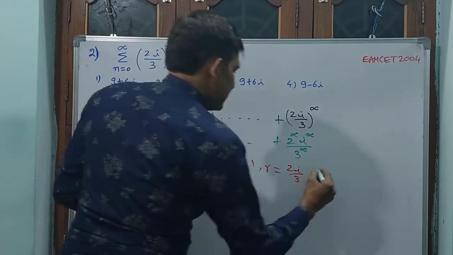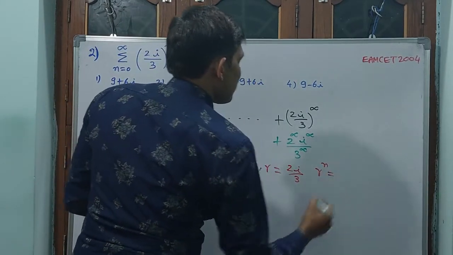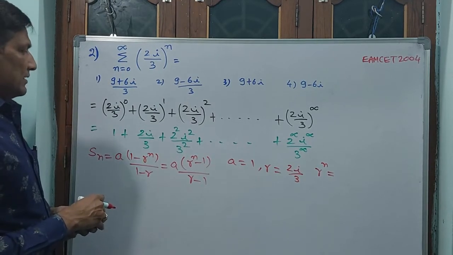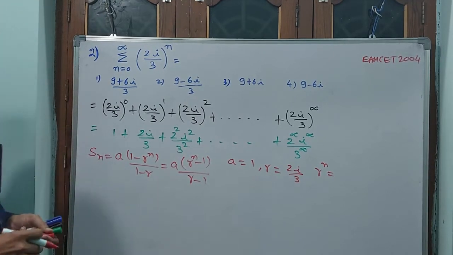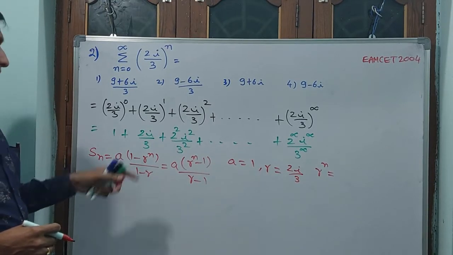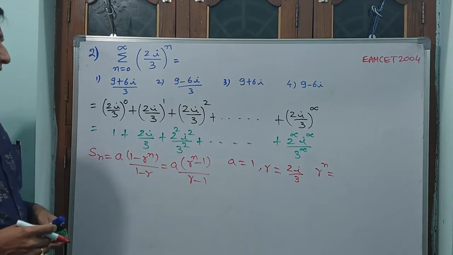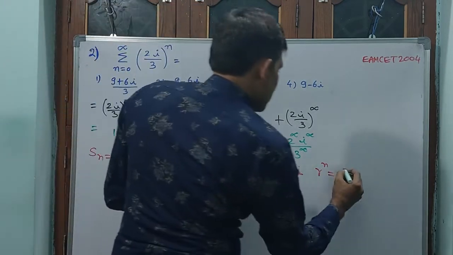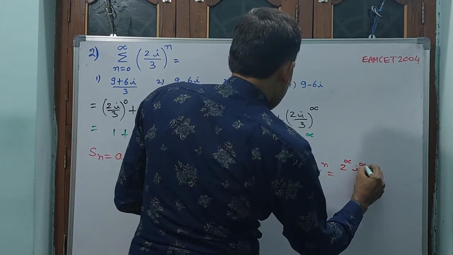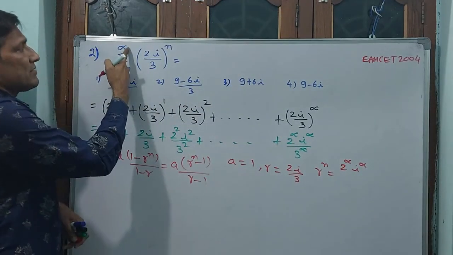That also you have to write. R power n is 2 power infinity I power infinity by 3 power infinity. Why is I infinity here?